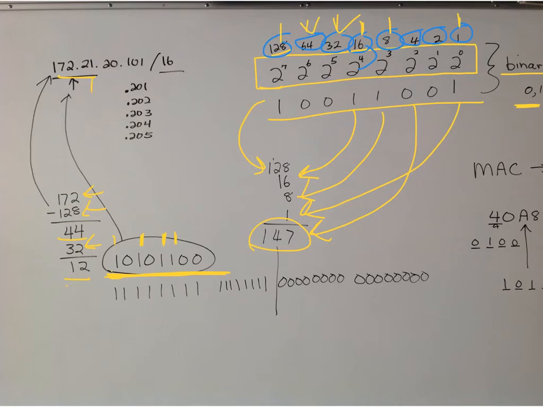And then we could do the same for 21. Let's do that one. 1, 2, 3, 4, 5, 6, 7, 8. So 21, if I was to write that down, we have no groups of 128, no groups of 64, no groups of 32, one group of 16.